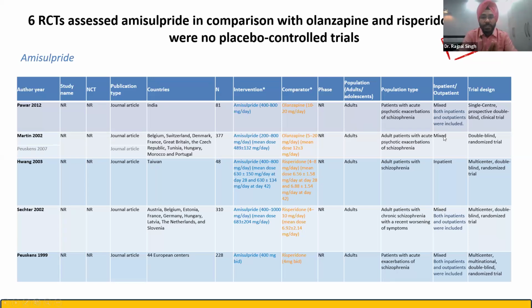Inpatient means the patients that are admitted to the hospital, and outpatient, those are taking medications at their home. This is basically to know what type of patient structure we have, because yes, there are cases of compliance in terms of patients. Suppose in a hospital, if you have to take a certain medication 4 times a day, the nurse will come and give you that medication at the fixed time 4 times a day.